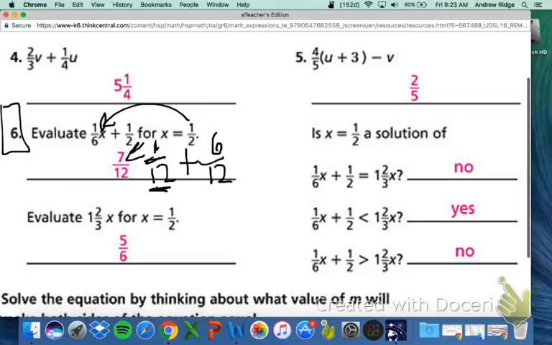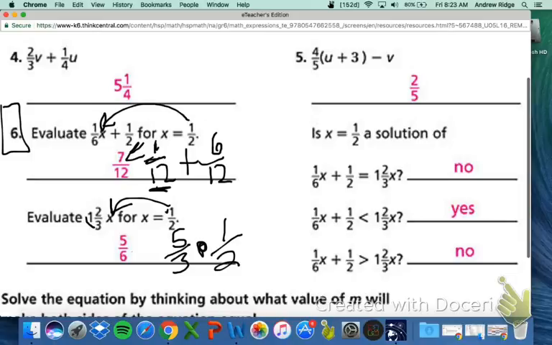We got 1 2/3 multiplied by the 1/2. When we sub in that 1/2 for the x, I'm going to turn this into an improper fraction. So this is 5/3. I'm going to multiply that by 1/2, and that becomes 5/6.